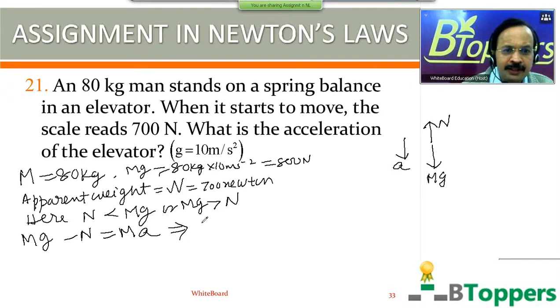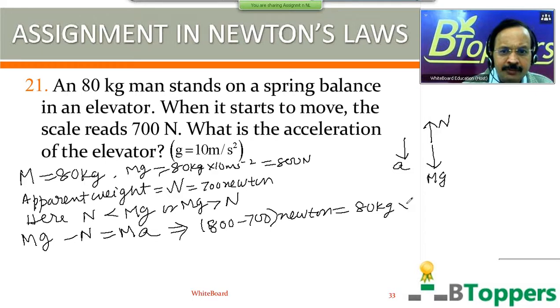So from this you can find the acceleration. True weight mg is 800 newtons. Normal reaction N is equal to 700 newtons. Mass m equal to 80 kg.